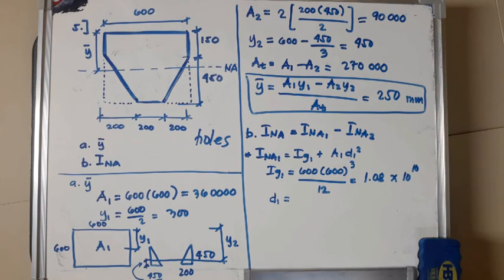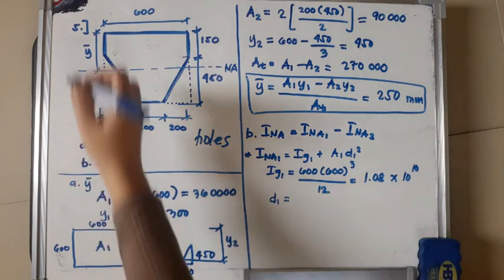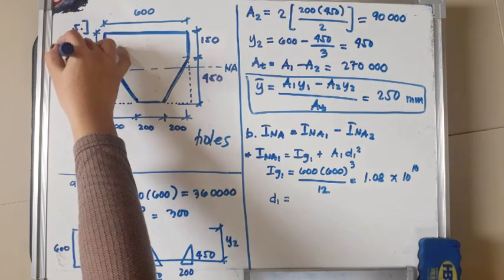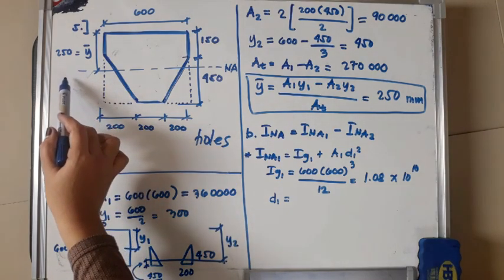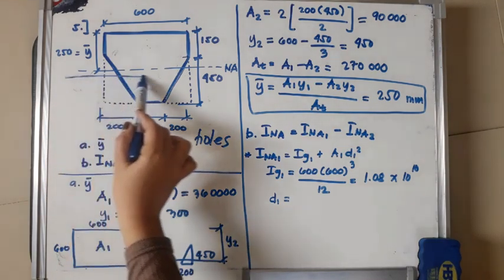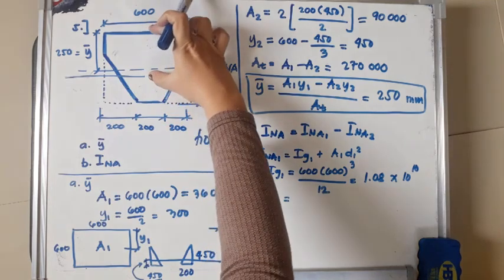So this is bar Y. So let's solve for D1. So where is the centroid of the rectangle? So this is 250. The centroid is 300 mm, isn't it? So this is 600 by 600, therefore the centroid is just half of 600 or 300. So it is located here. So this distance is 300.